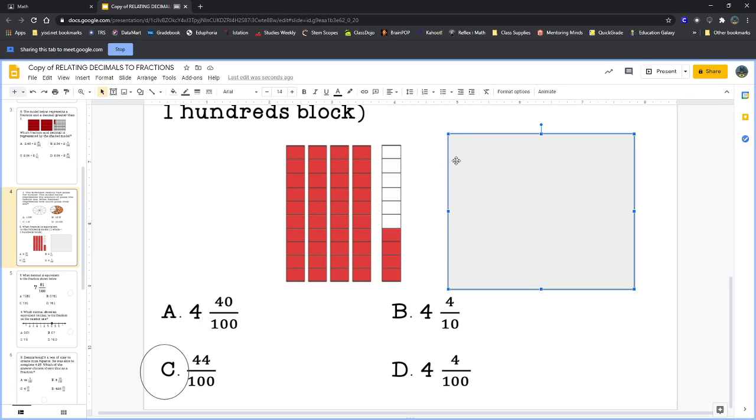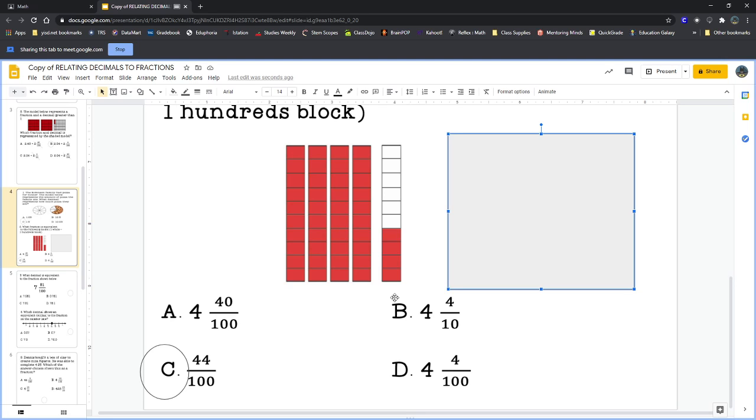So a hundreds block is normally cut up into 100 pieces. Each row of pieces is 10. Those are the tenths. And each little square is 100th. So there's 100 of them. If I look at what they show me, they showed me 1/10, 1 whole line, 2/10, 2 whole lines, 3/10, 3 whole lines, and 4/10, 4 whole lines.